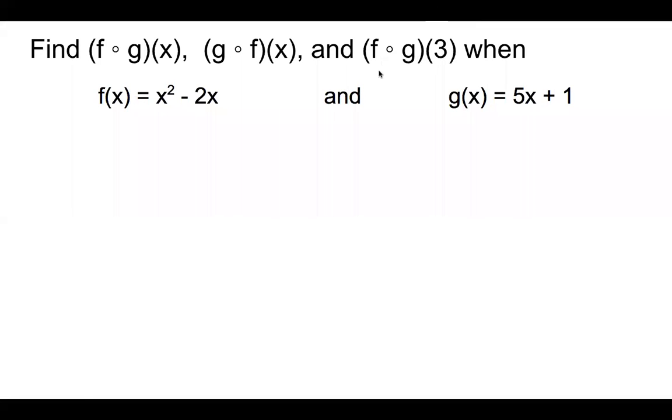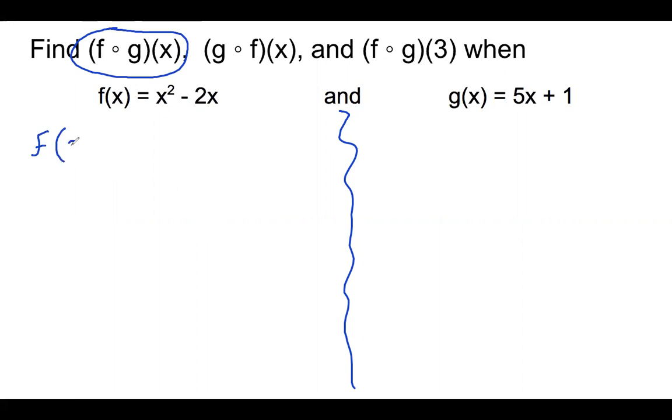So what I'm going to do first is divide my screen up here like so. And first, we're going to work on this case right here, which is f of g of x. So I'm going to write it in an alternative way. We're starting with the f function, that's the outer function, and we're doing f of g of x.